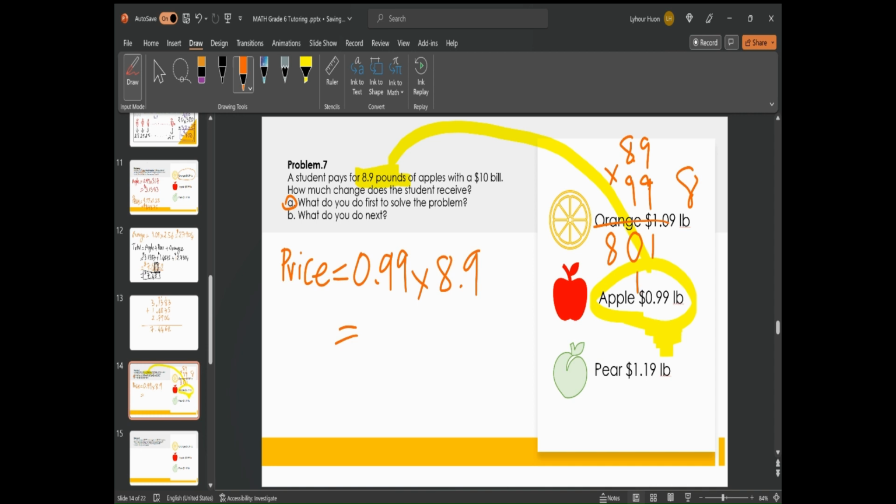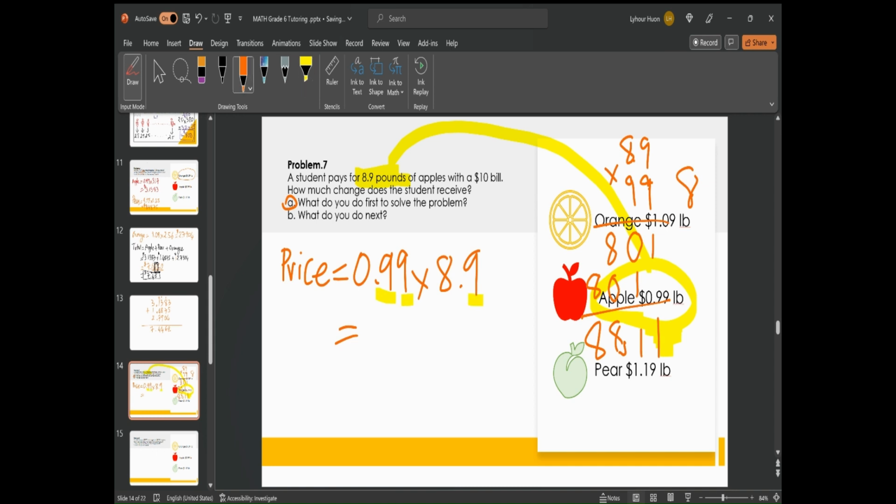So, do we really need to do it again? No. So it's 1, 8, and 8, right? So 8,811. Now, how many digits of the decimal do we have here? Three.